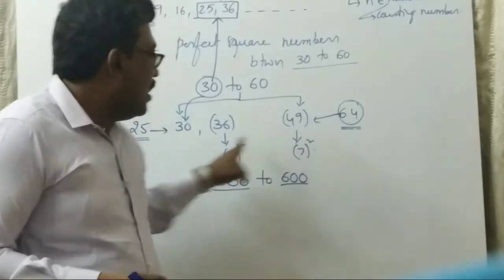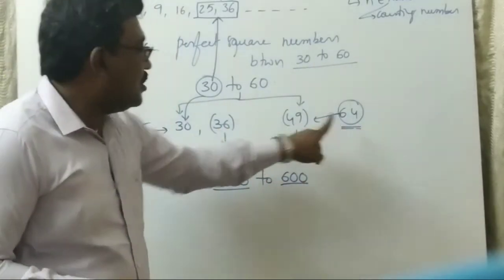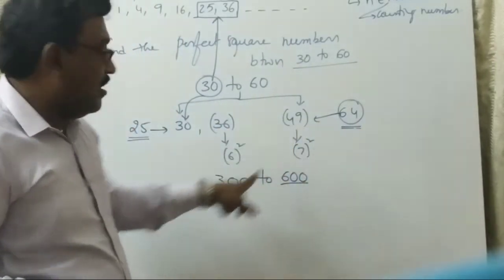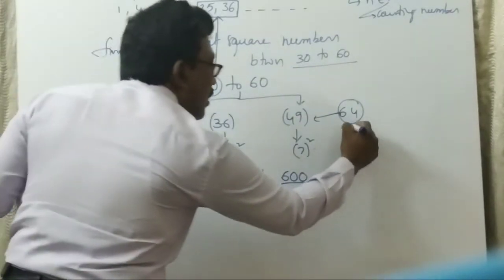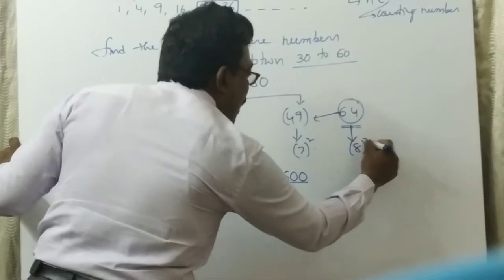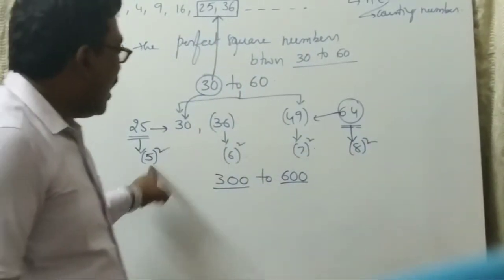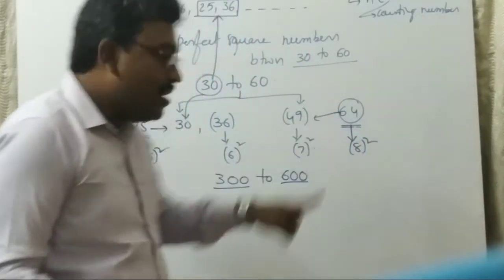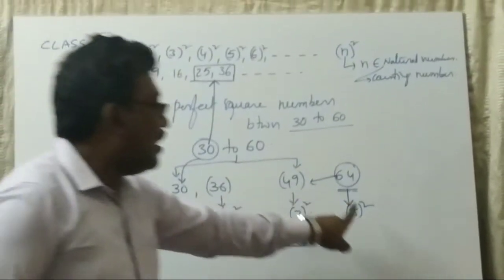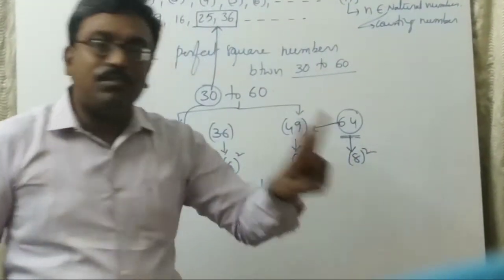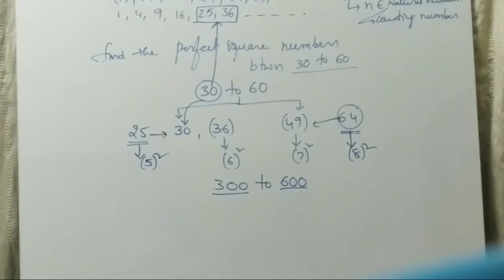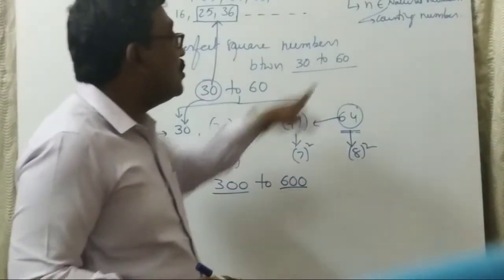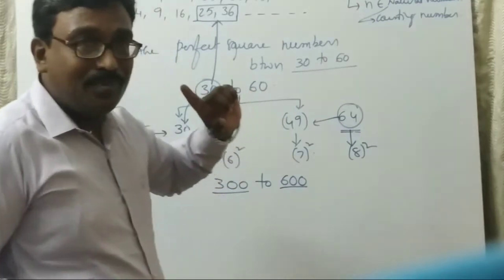Here 25 is 5 square and 64 is 8 square. The counting numbers are 5, 6, 7, 8. Between 5 square and 8 square, only 2 numbers exist, that is 6 square and 7 square. We cannot have more than that. These are natural numbers.